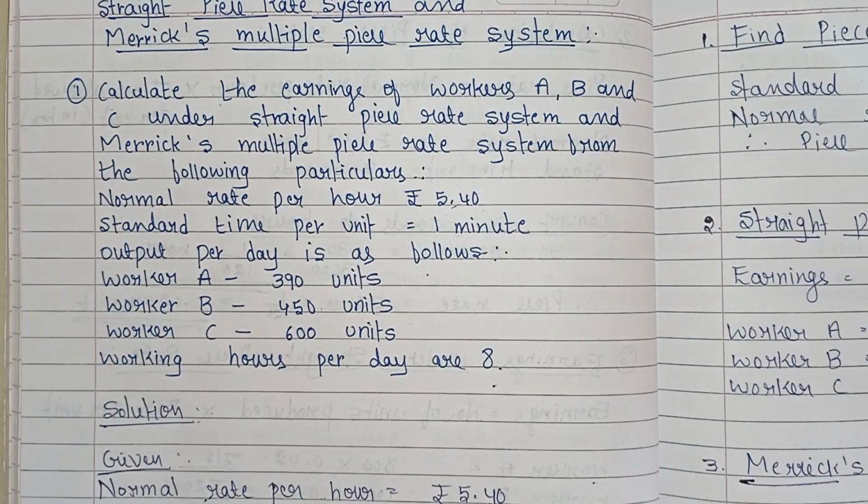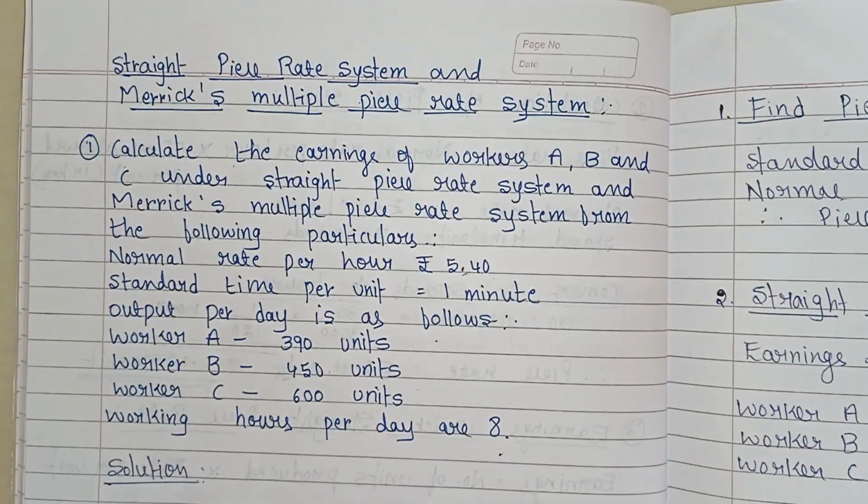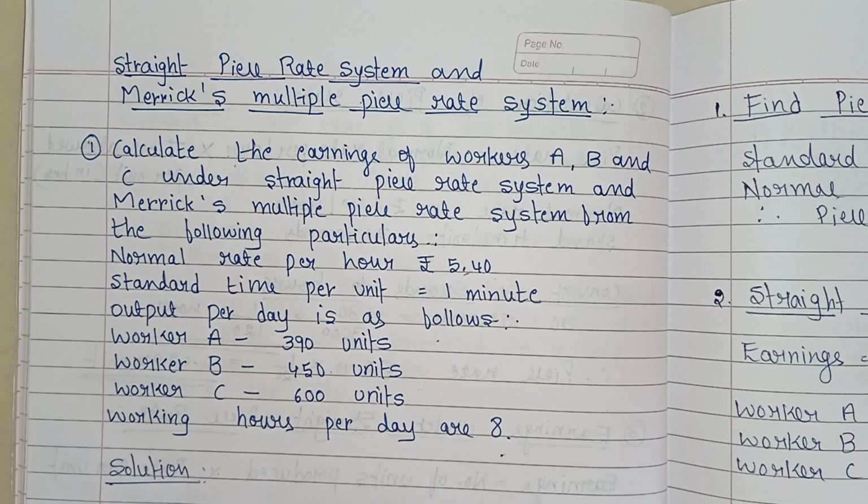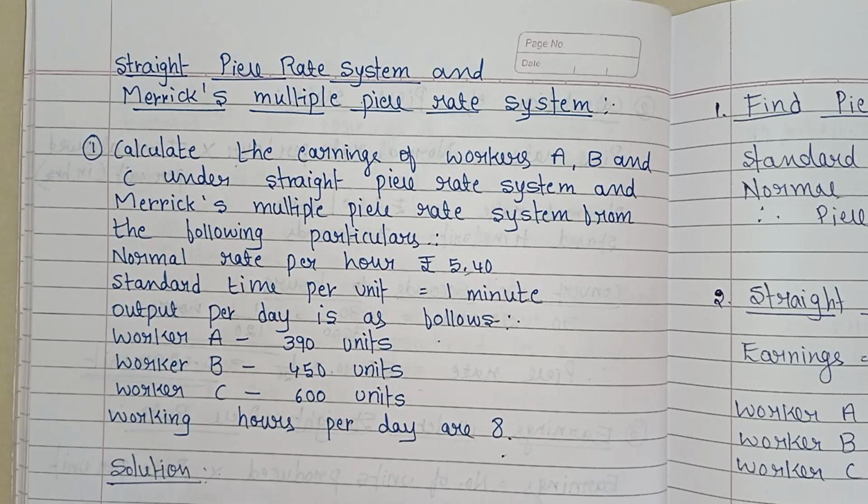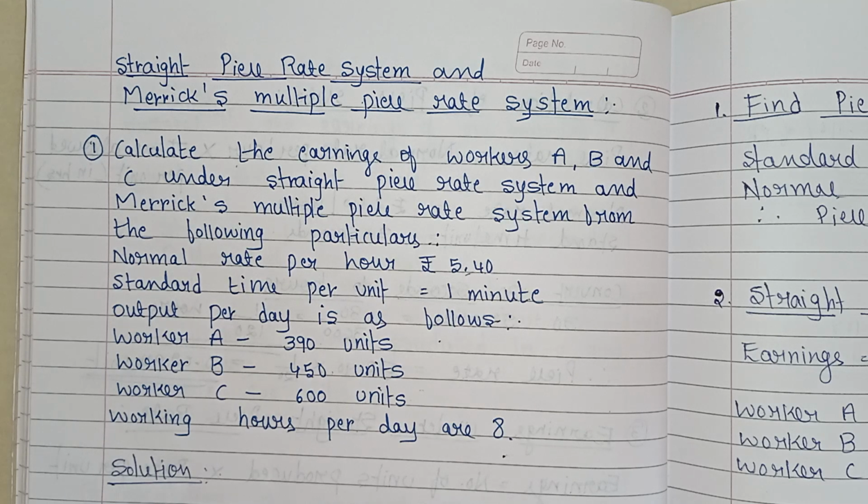First we need to calculate the earnings under straight piece rate system and under Merrick's multiple piece rate system. Under Merrick's multiple piece rate system, first we need to calculate the efficiency. On that basis we need to apply the piece rates, whether it is 100% of ordinary piece rate if the performance level is up to 83%, and if the performance level of the workers is 83% to 100%, then 110% of ordinary piece rate is applicable, and if the performance level is above 100%, then 120% of ordinary piece rate is applicable.